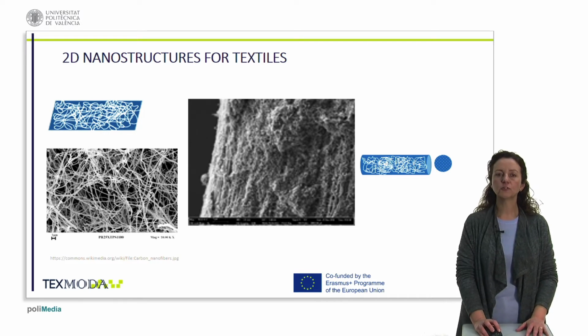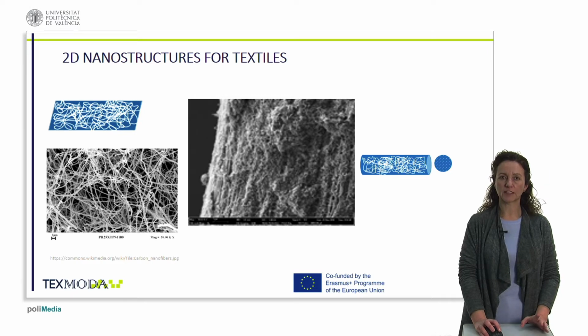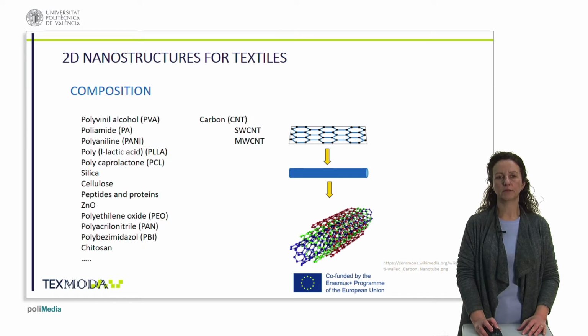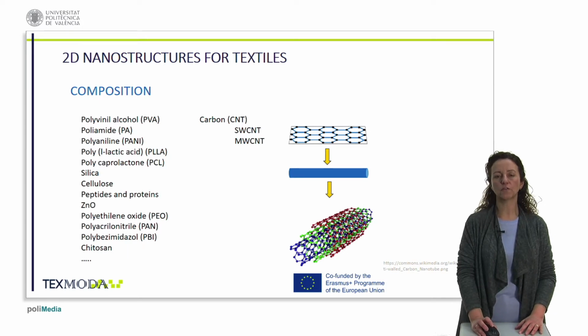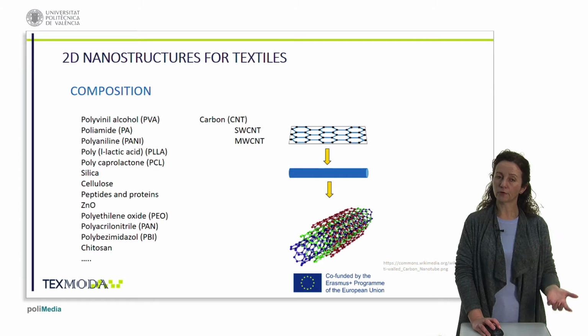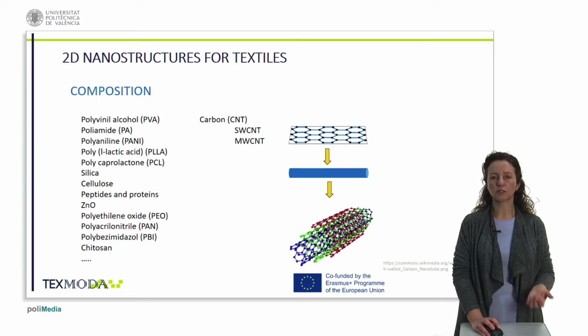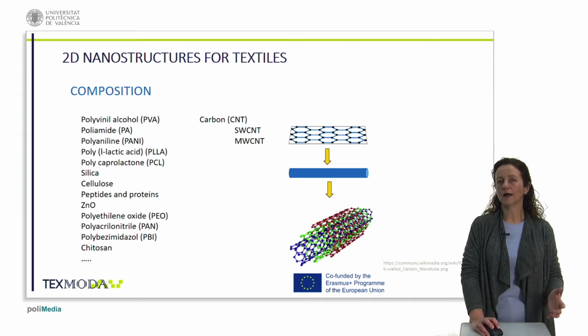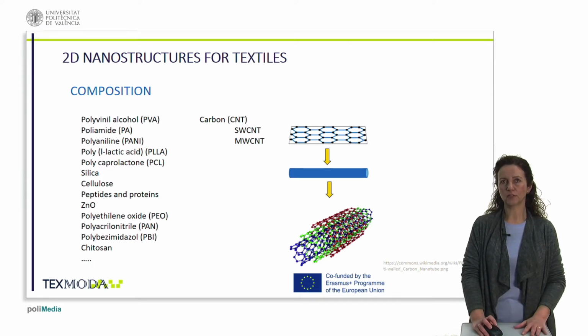Regarding the two-dimensional nanostructures used for textiles, we can observe a wide variety in the composition of these nanofibers. For example, polyvinyl alcohol, polyamide, polyaniline, polylactic acid, polycaprolactone, silica, microfibrillated cellulose, peptides and proteins, zinc oxide, and we have a wide variety of them.